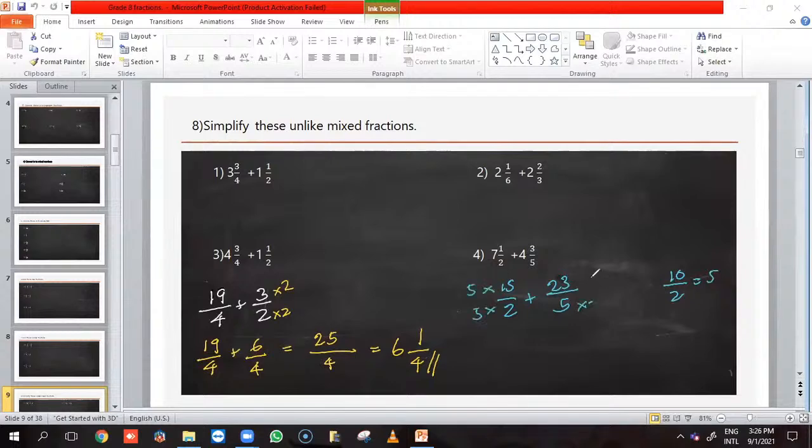This by 2, this by 2. 5 times 15, 45 over 10 plus 46 over 10. 45 and 46, 91 over 10. 91 divided by 10, 9 and 1 over 10. Right, this is the answer here.